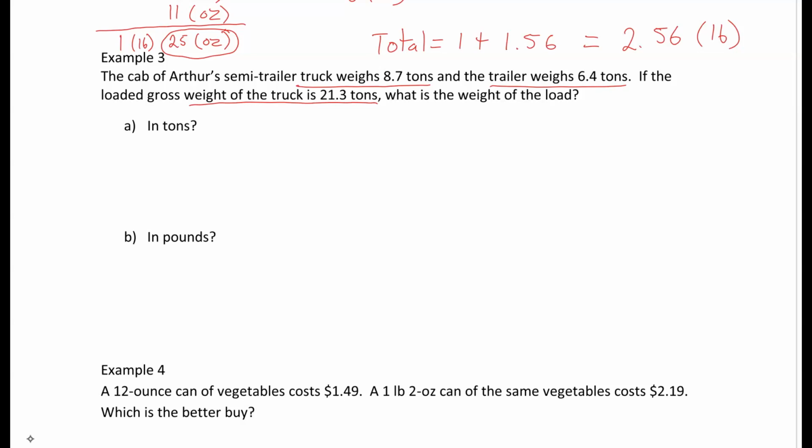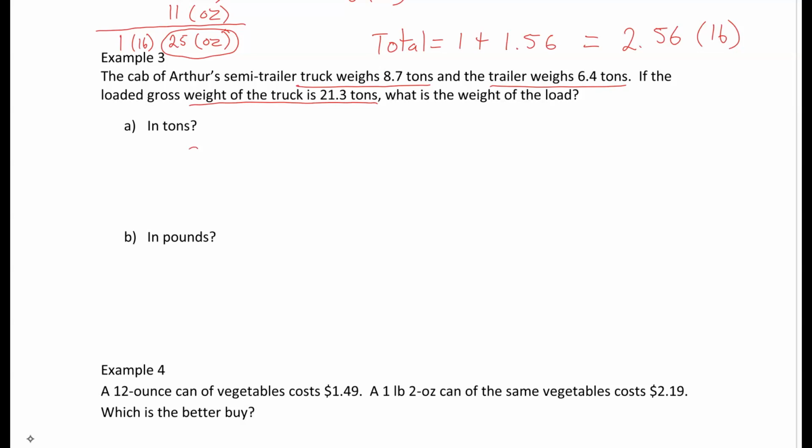Well, the way that we can figure this out is if our total is 21.3 tons, all we have to do is subtract the weight of the truck and the weight of the trailer to figure out what the total load's weight is.